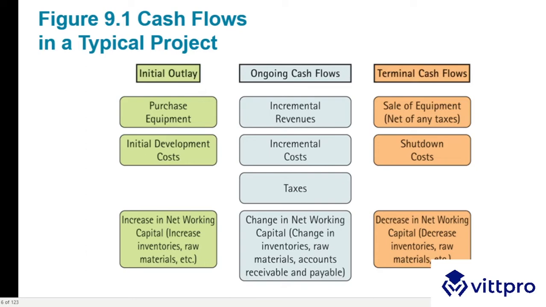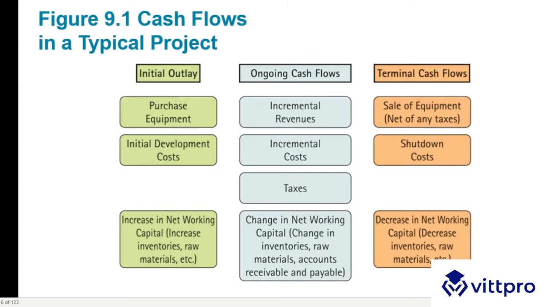There is normally a shutdown cost, there may be a site clearing cost, and at the end of the day you will sell all of your inventory, and you may receive a cash flow, right? You may have to pay the employee benefits at the end of the project, you may have to pay the retirement benefits. So those are all the terminal cash flows. Whatever you have to spend in order to end the project will be called terminal cash flows, either inflow or outflow, whatever it is.